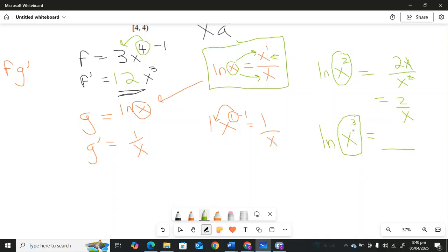This x to the power 3, you derive it, it becomes 3x squared. Then in the denominator, you just leave the expression as it is, x to the power 3. Then this x squared goes, we remain with an x in the denominator. So our expression is 3 over x.